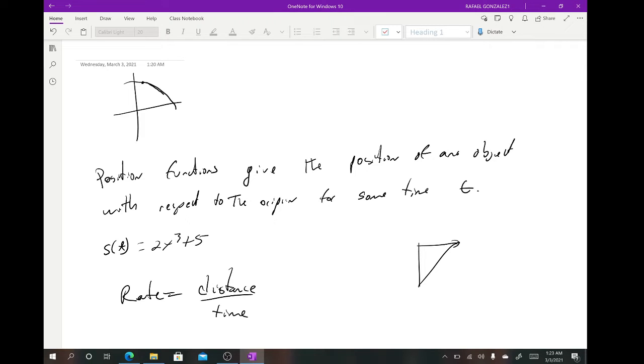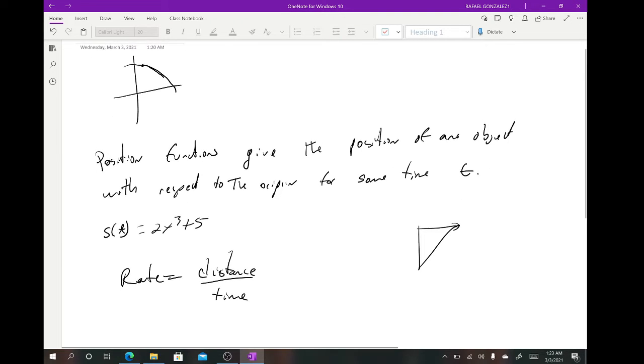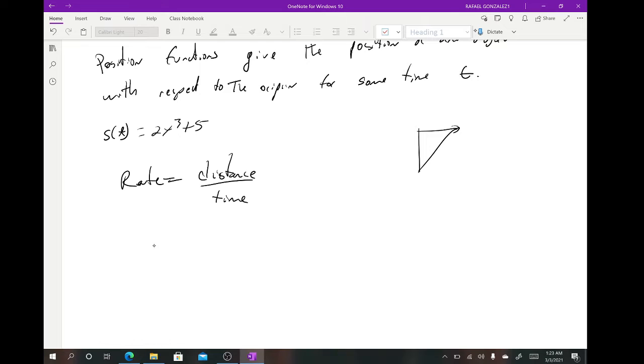You could manipulate this to get different formulas. Like if you wanted to find distance, then time times the rate that you go is equal to your distance traveled. So if you want to find the distance, simply you multiply the time by the rate.